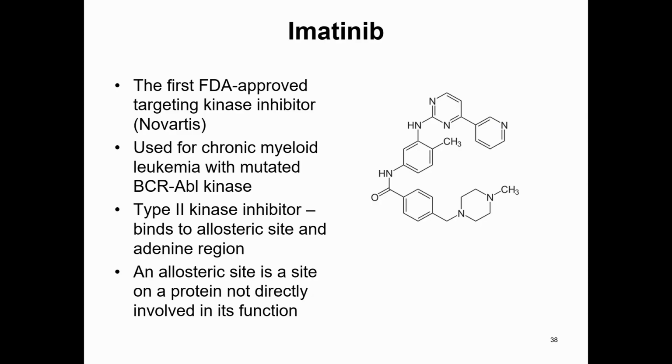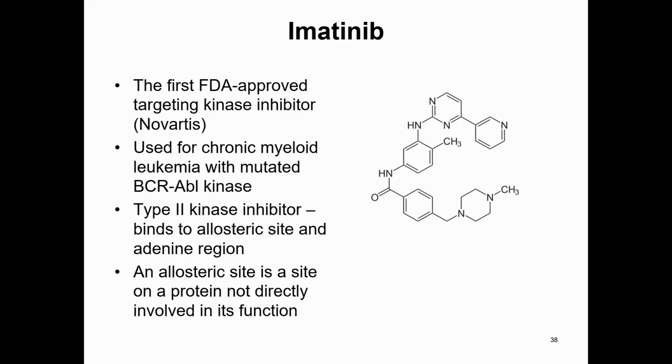So imatinib is a good example. It's the first FDA-approved drug that works as a kinase inhibitor, and it's used for leukemia, chronic myeloid leukemia, CML. So in CML, this leukemia, there is an oncogene called BCR-ABL, and it's actually a fusion gene.